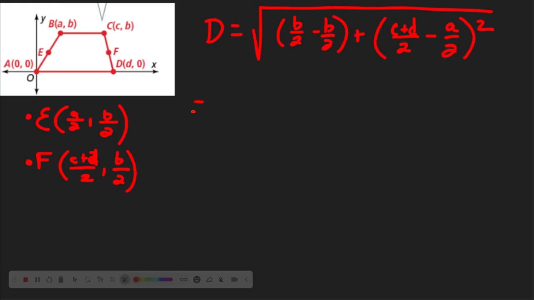Okay, here we go. Just see what we get. The distance then: this is 0 squared, which is just 0.